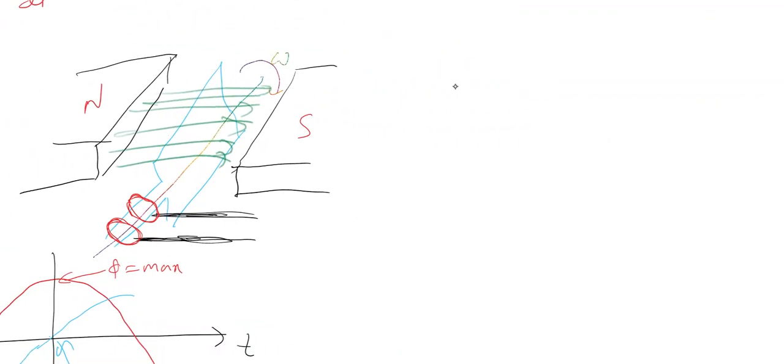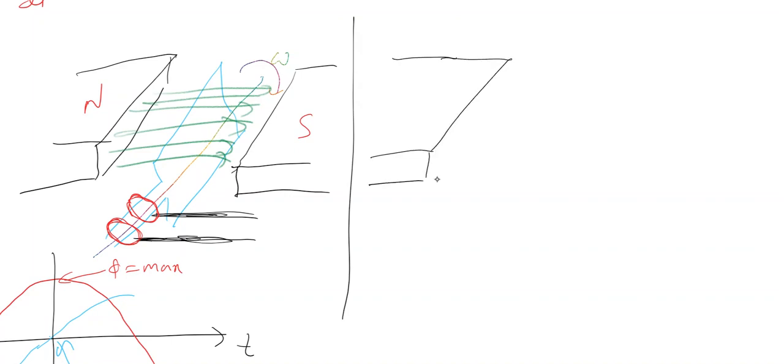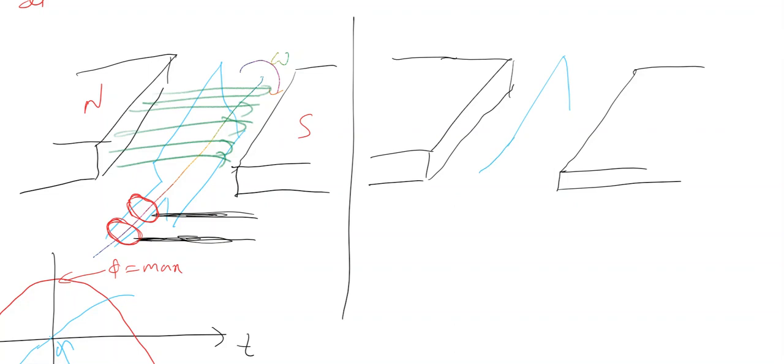Suppose it is a DC generator. In that case, it is the same arrangement with a slight difference. The difference is in the mechanism of taking out the EMF.